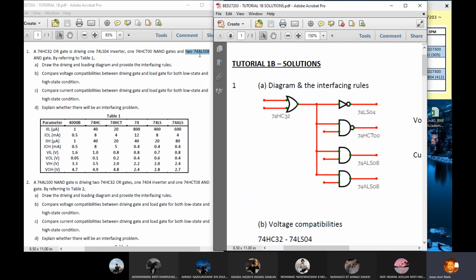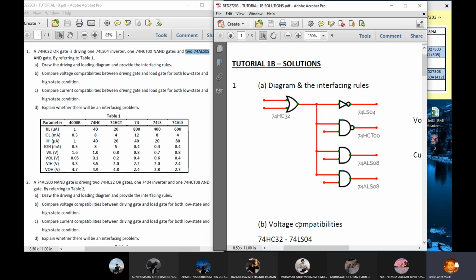And then two 74ALS08 AND gates. This is how you draw the driving and loading diagram. This will be your driving gate, and these 4 will be your loading gates.